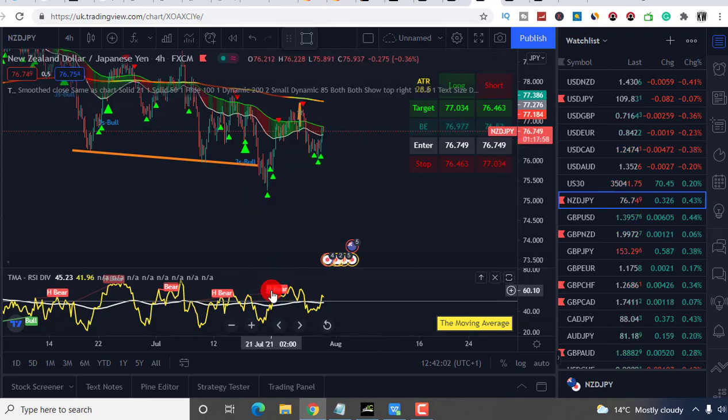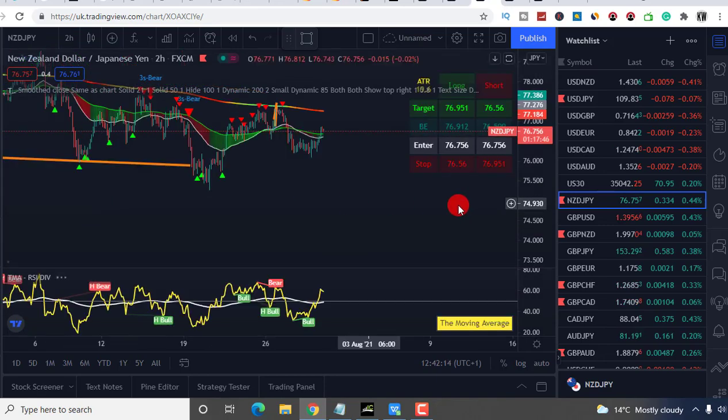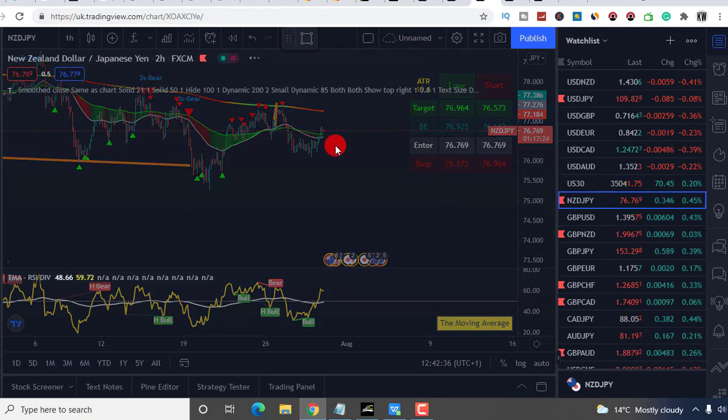We see some hidden bearish over here, but because this is a long time frame, it's not really determining whether we buy or sell. Because we want to catch 20 pips, we don't finish just by relying on 4 hours. In the 2 hour time frame, we have hidden bullish, price going up, but then it's under the moving average. So we're going to go to the 1 hour time frame.